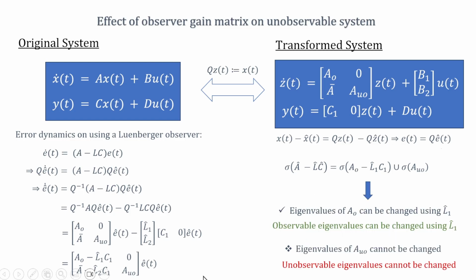This means that if the uncontrollable eigenvalues are already stable, I do not have to think about them much, because the controllable eigenvalues, if they are not stable, I can place or shift to the left half of the complex plane using a state feedback controller. However, since I cannot change the uncontrollable eigenvalues, I expect that they should be stable to start off with. Then we say that the system is stabilizable.